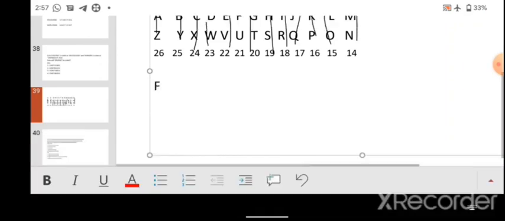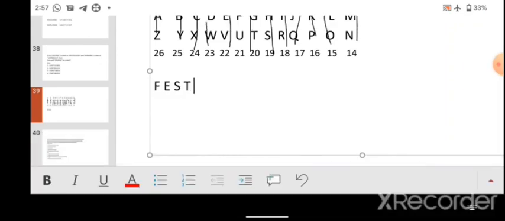So festive is coded as 161132, okay, 3215011.